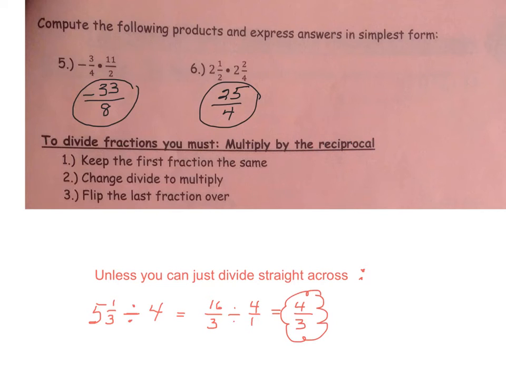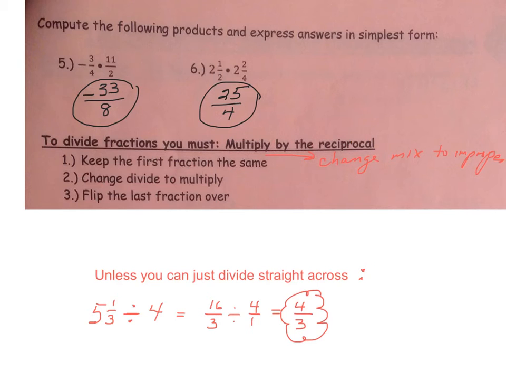But oftentimes it is necessary to multiply by the reciprocal. It does make things easier, generally speaking. So keep the first fraction the same, change divide to multiply, flip the last fraction over. But of course, again, first you'd have to change mixed to improper. Then you would do the rest of the steps.